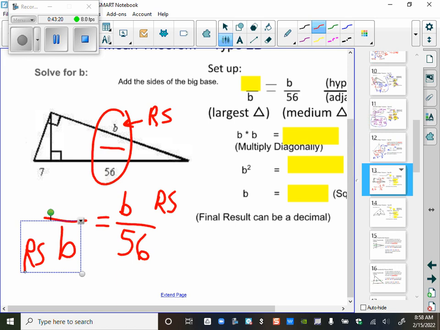Now, what number am I going to put above that B? Whoever said 56 plus 7 is correct. Add these two. Boom. That's what's going here.